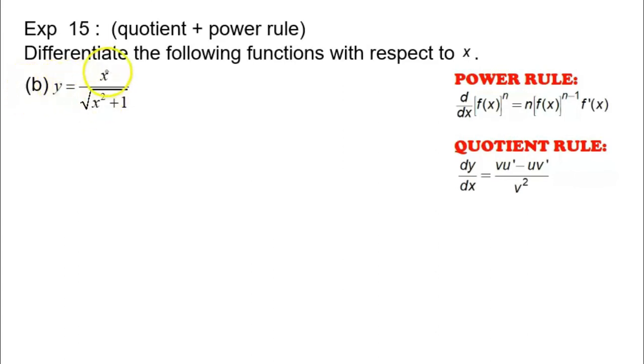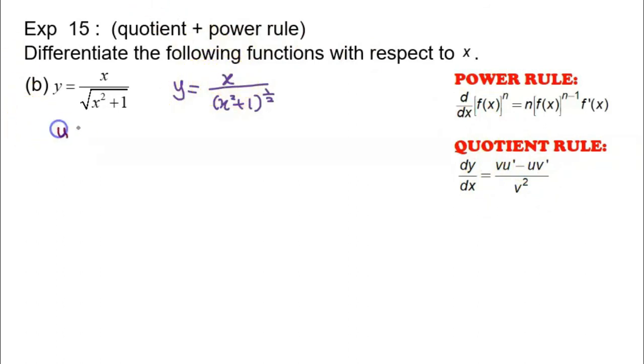Question B. y equals x over the cube root of x squared plus 1. So first, rewrite the cube root function into the power of half. Then, use the quotient rule to differentiate y with respect to x.